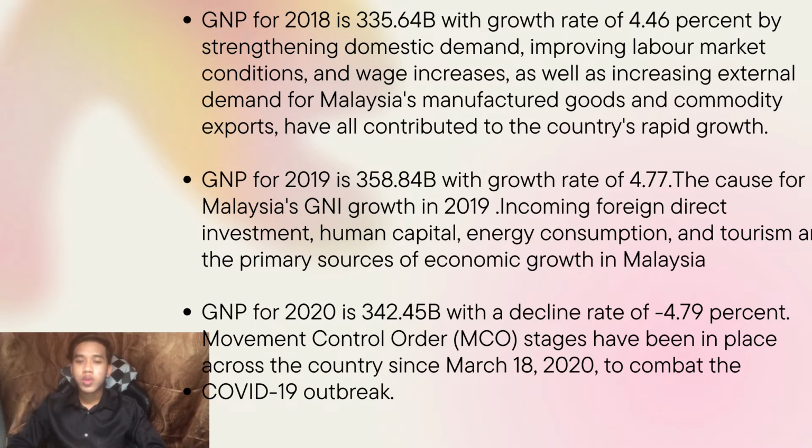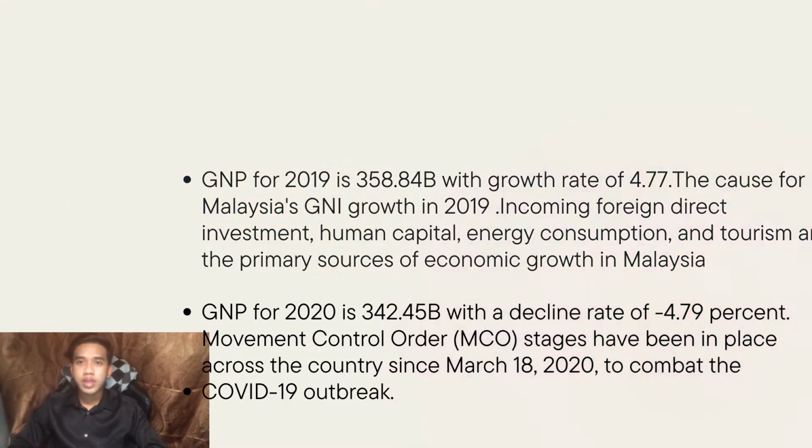GNP for 2020 is 342.45 billion with a decline rate of negative 4.79%. Movement control order stages have been in place across the country since March 18, 2020 to combat the COVID-19 outbreak, which caused the decline in 2020.